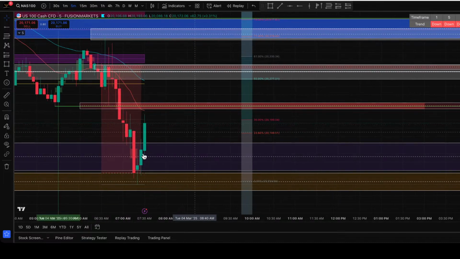No fair value gap created on the 5M yet. Just be patient.